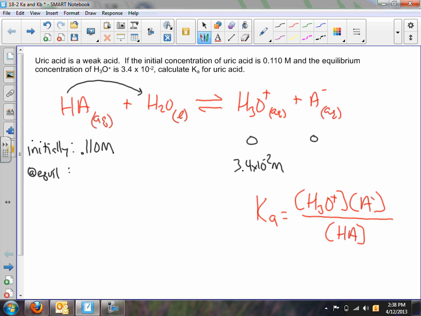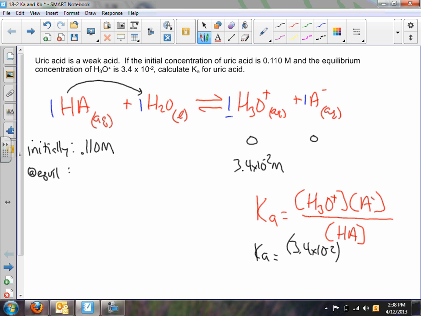So let's try and figure out our problem. Well, Ka is simply the hydronium, which is 3.4 times 10 to the negative 2 times A minus. Well, if you notice from our equation, every time one HA breaks apart or combines with one water, I should get one hydronium and one A minus.